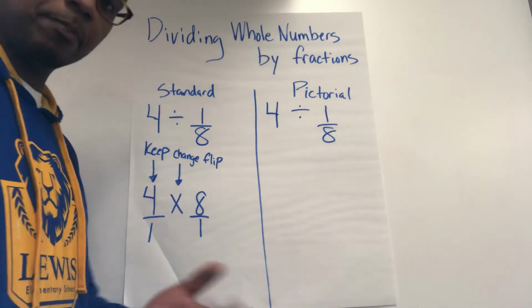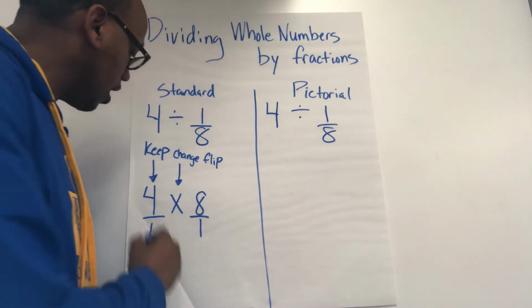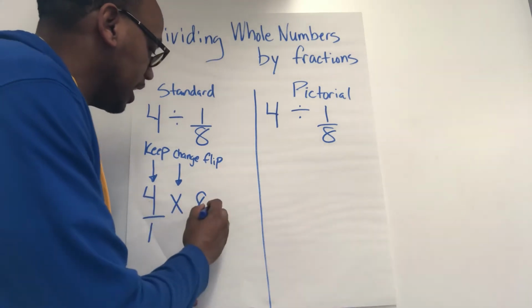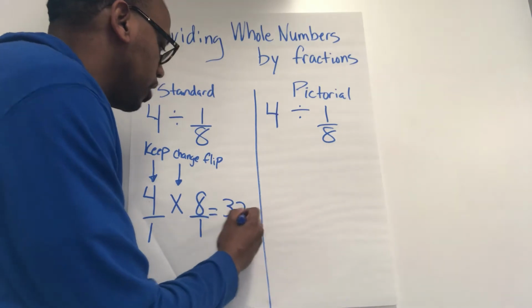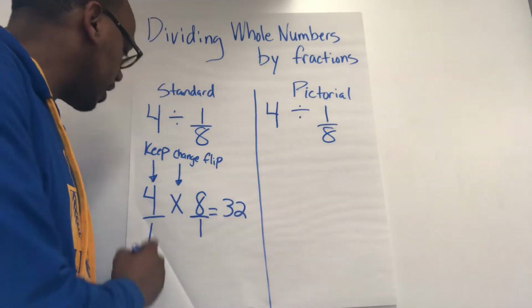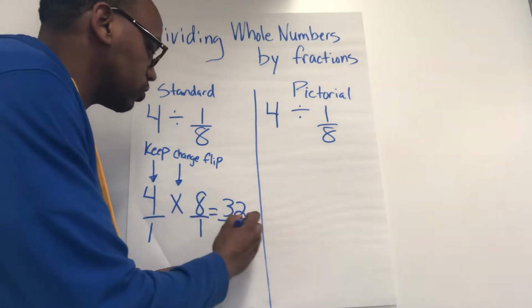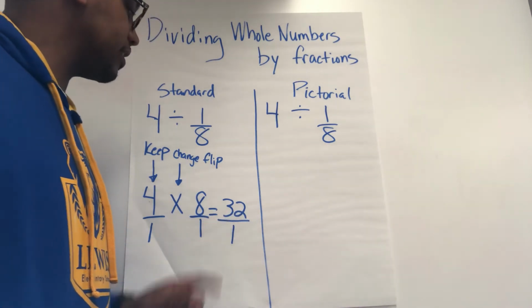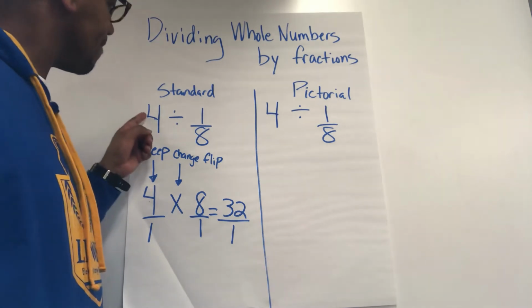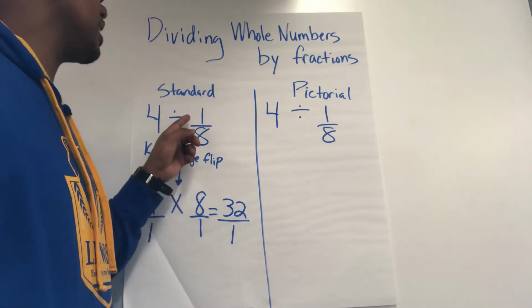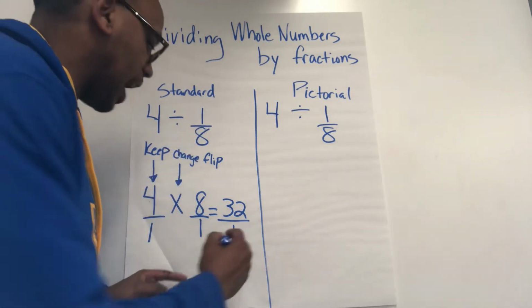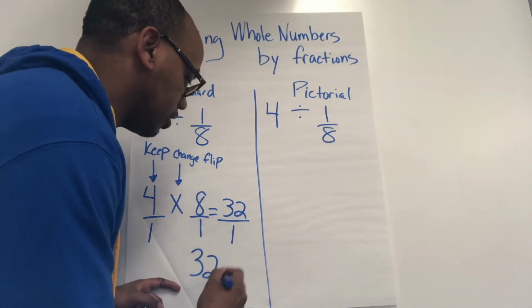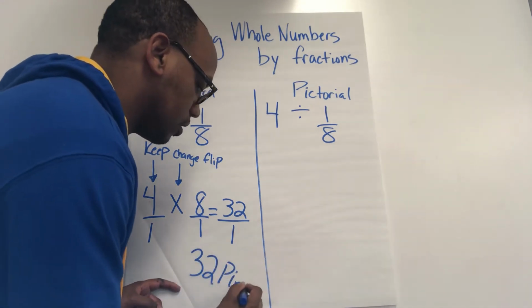Now I can just multiply fractions straight across. 4 times 8 equals 32. And at the bottom, the denominators are 1 times 1 equals 1, and anything over 1 is itself. So if I have 4 pies and I'm dividing them into 1/8 pieces, I can create 32 pieces.